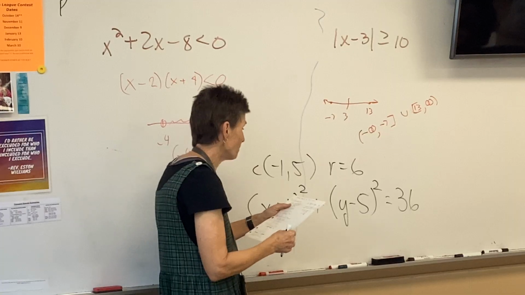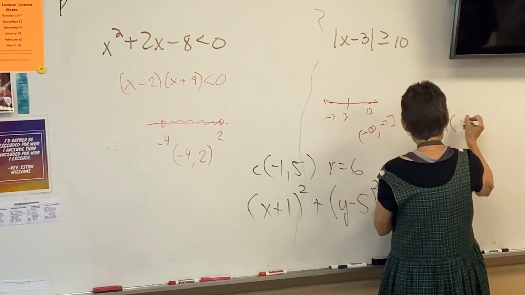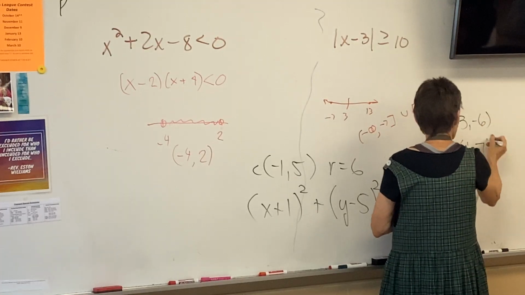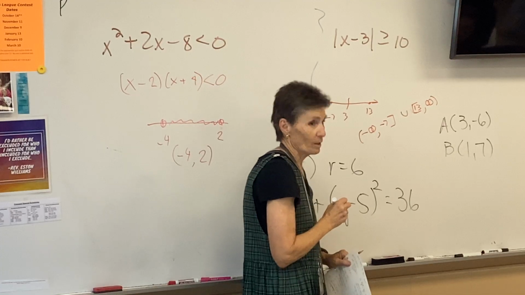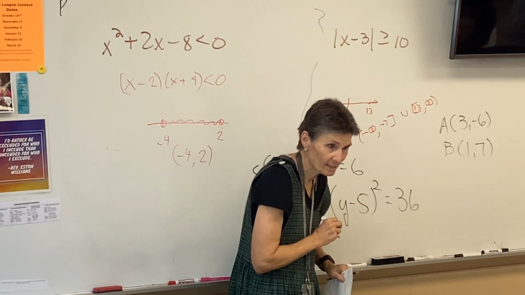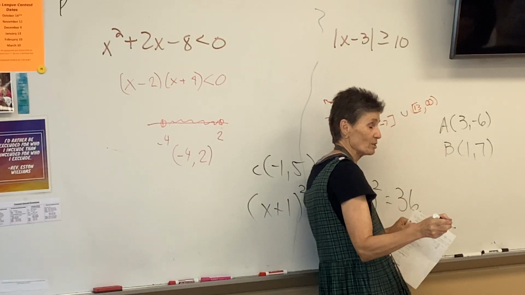Let's see one more. Point A is (3, -6). Point B is (1, 7). What do you think the question is? Find the distance and find the midpoint. So I could ask that.